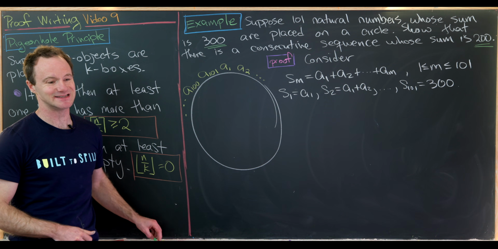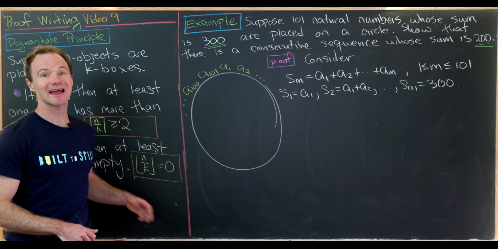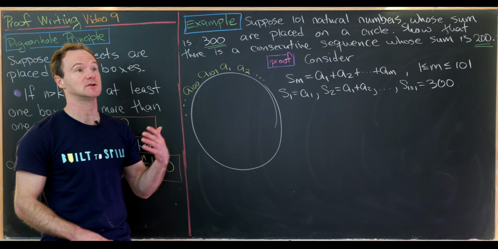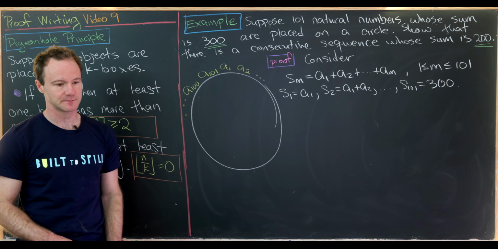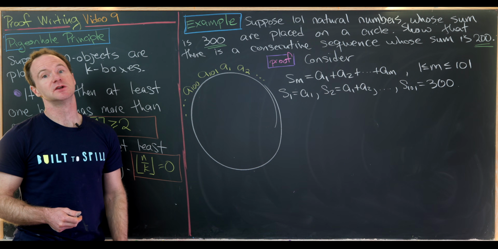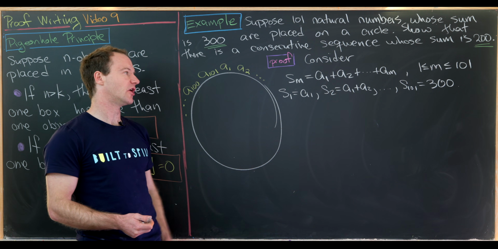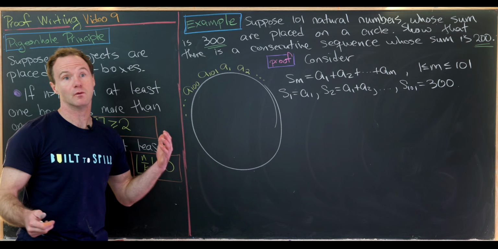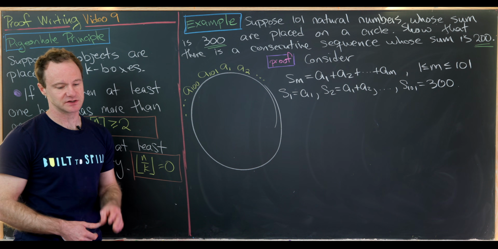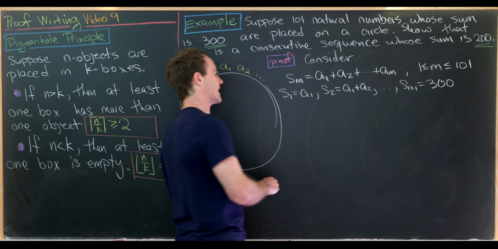They both end in 0, 0. So I think that gives us some motivation to define the boxes by the final 2 digits of a number. And in fact, there are 100 possibilities for the final 2 digits of a number. We've got 101 numbers, so that means we've got one more number than possibilities of final digits. So that's really good.